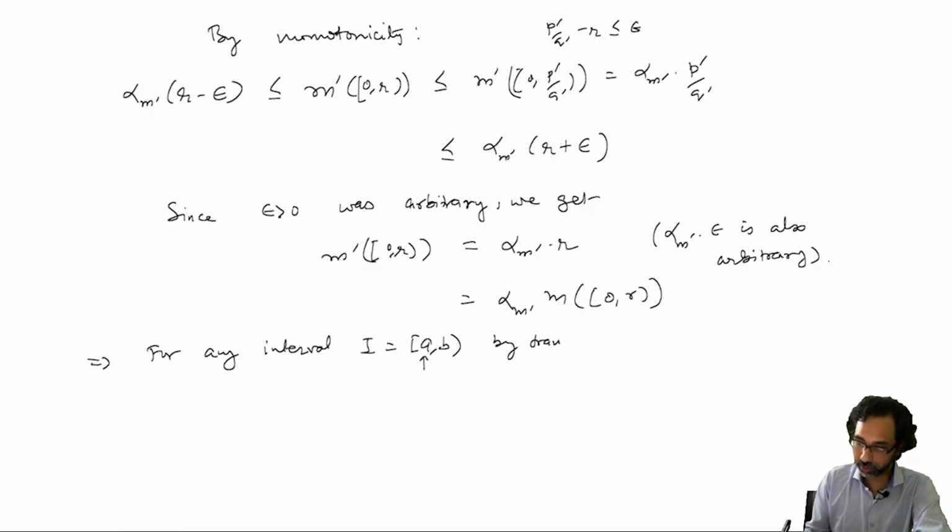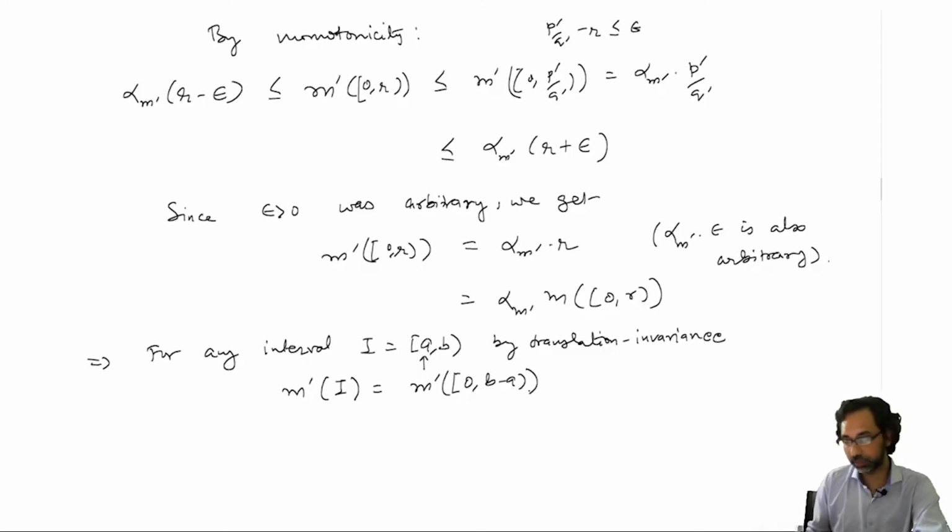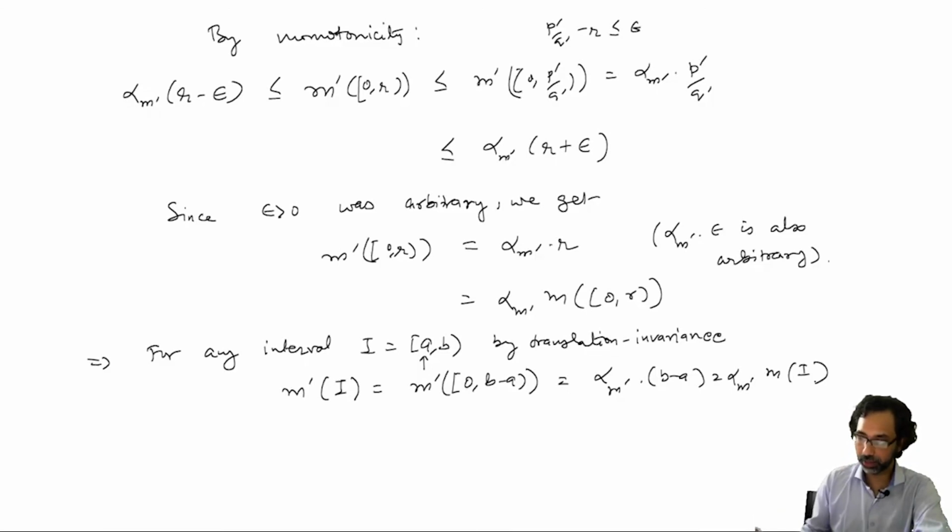So by translation invariance, M prime of I is equal to M prime of 0, B minus A. I am just shifting by A. So if you subtract A on both ends, you will get 0 and B minus A. And this is nothing but alpha M prime times B minus A, because B minus A is any real number, and this is alpha M prime times M of I.